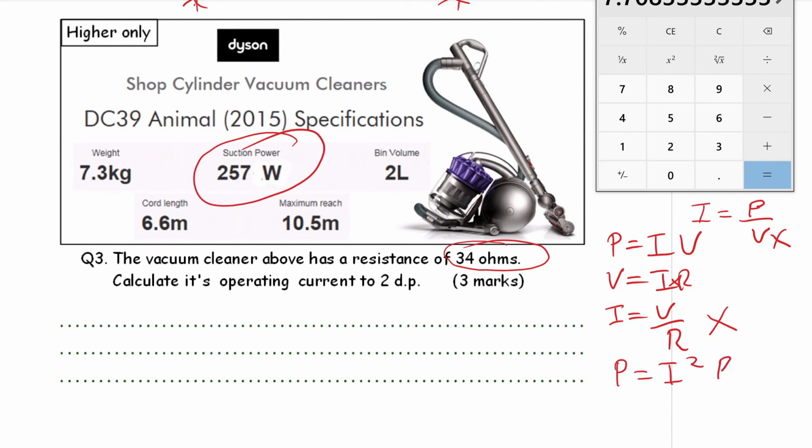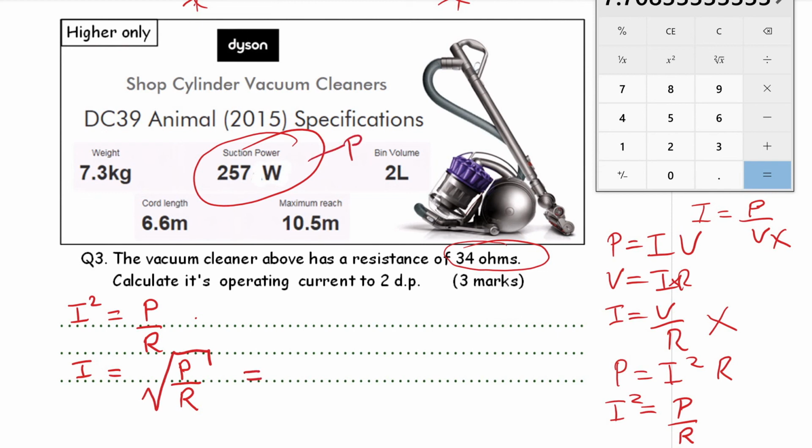P equals I squared R. I squared equals P divided by R. So what you're going to have to do in this equation, if we just use that, P over R, and you square root both sides, like that.